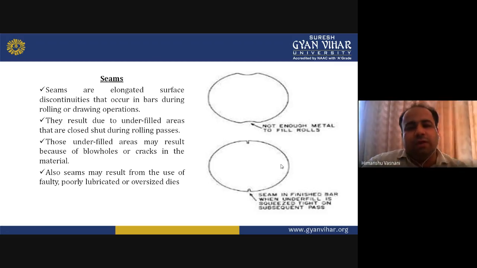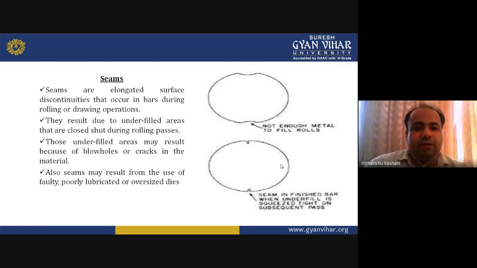They try to close shut the working, and due to some reason some underfilled areas remain. When you start the new process, these earlier defects come up in the coming passes.